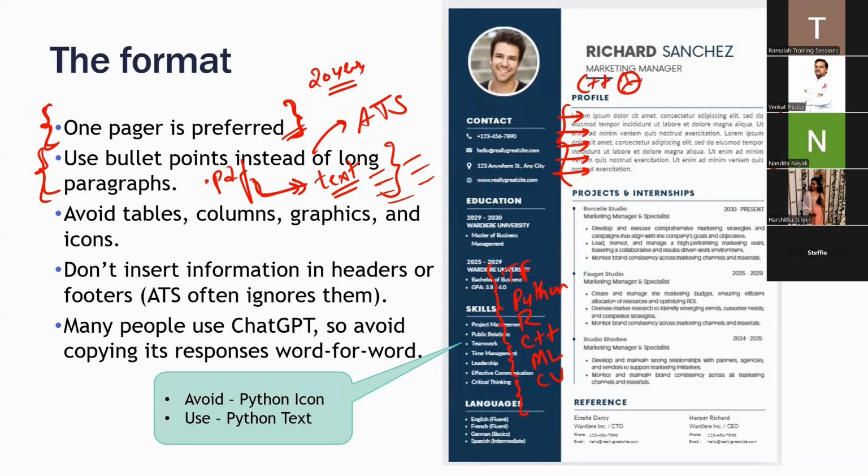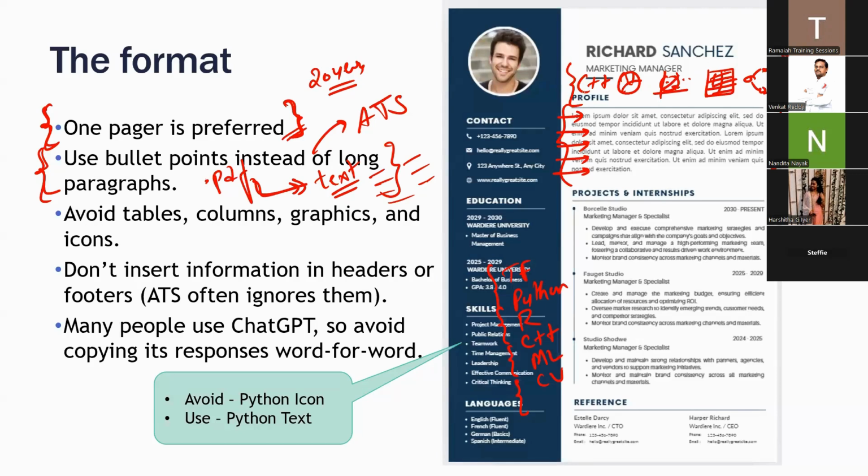And then some icon for machine learning, some form of computer vision icon, or maybe some neural network icon. Now, these icons look good when you have a CV, but there is no way an application tracking system will understand these icons.